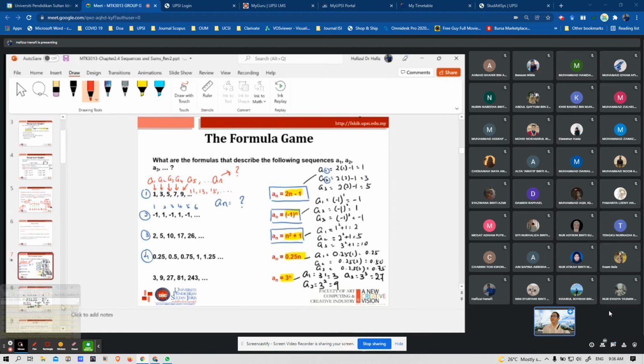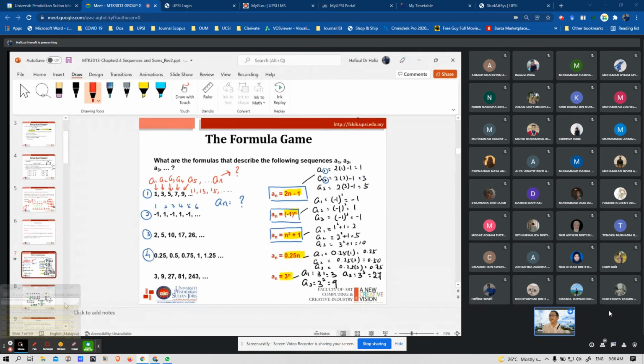Then we have a formula, a series of formulas. As you can see, you can formulate from the sequences. This one is more on finding a pattern.